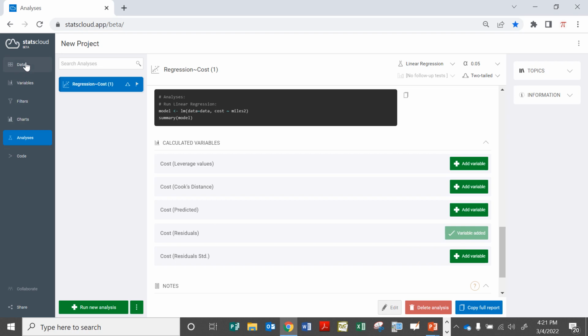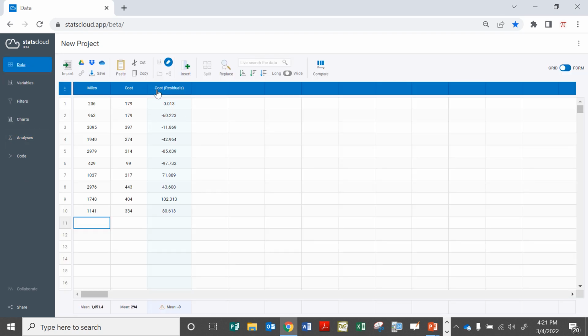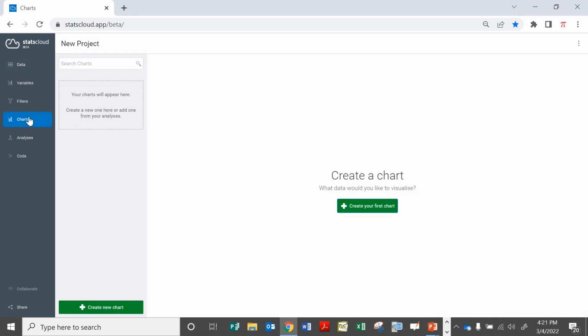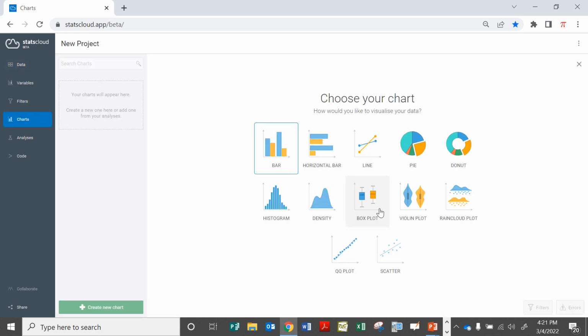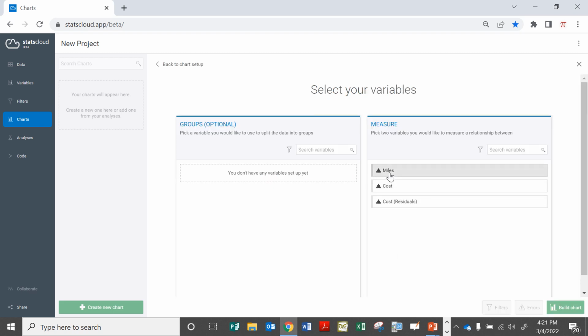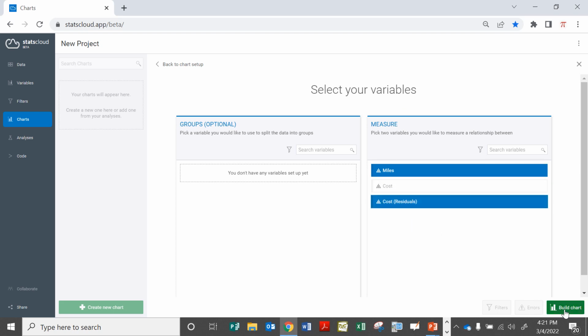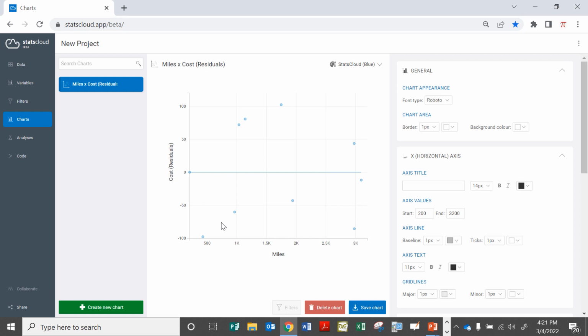And then if you go back to the data screen, it automatically computes the residuals for you. So with that then, I can go back and look at a chart of my residuals. And the way I do that is I make another scatter plot. I select miles, but then instead of cost, I select the residuals variable. And I build my chart, and there it is.